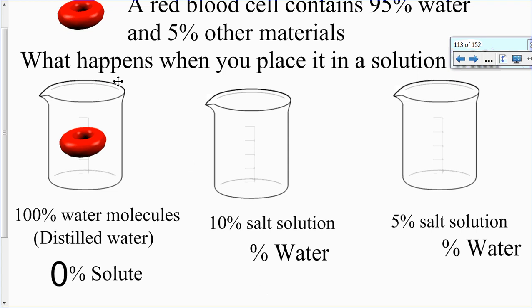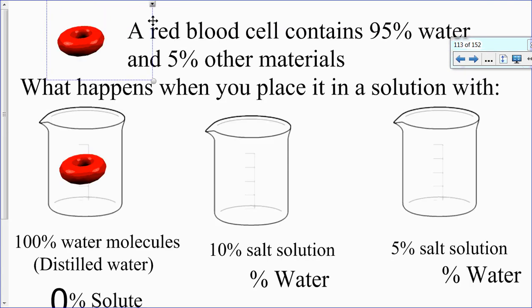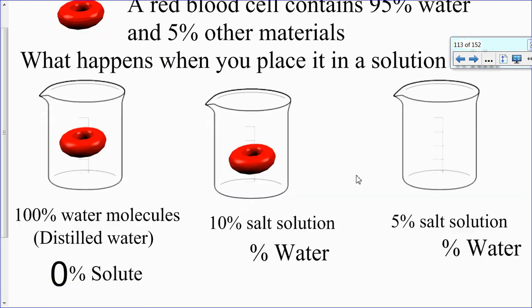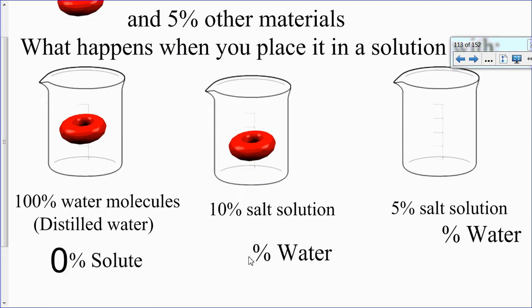It's distilled water. And then I'll put the red blood cell in another beaker over here, and it's 10% salt solution. So could you predict how much water is in the solution? If it's 10% salt, how much water? Well, if you guessed 90%, you would be right, because every solution has to add up to 100.